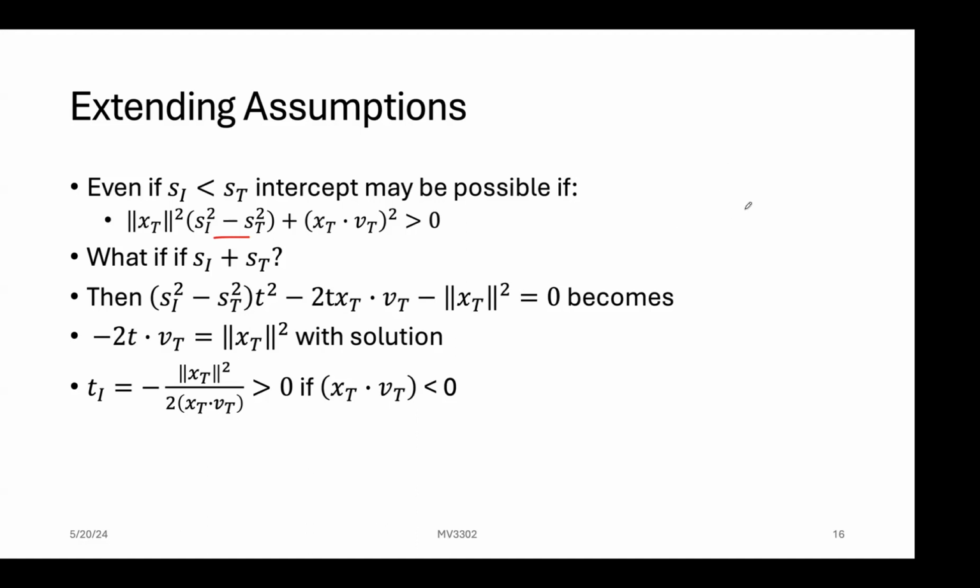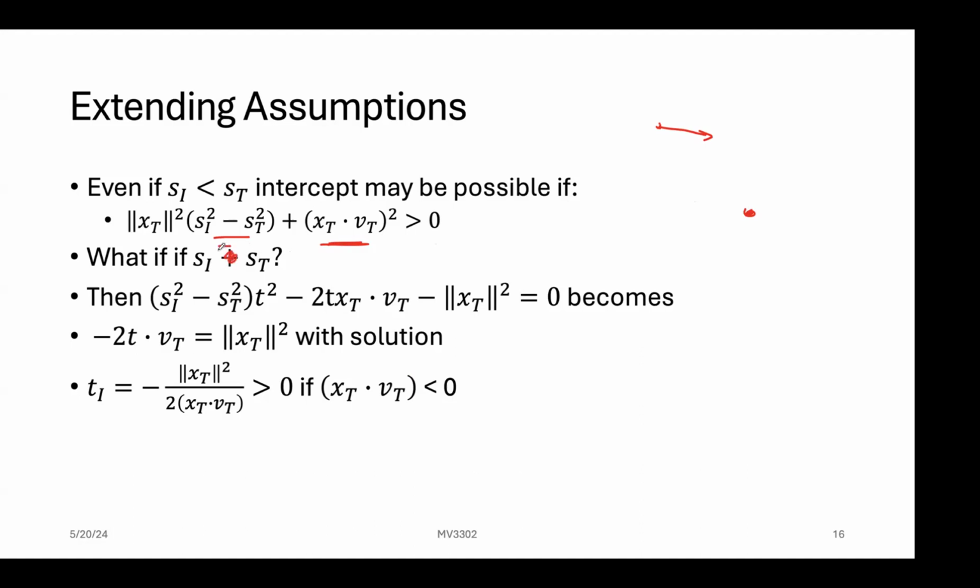But what is a situation like that? Well, if we're here and our target, even though it's faster, is maybe heading towards us like that, then we may have a shot. And if you remember, this inner product of things is kind of the key there.